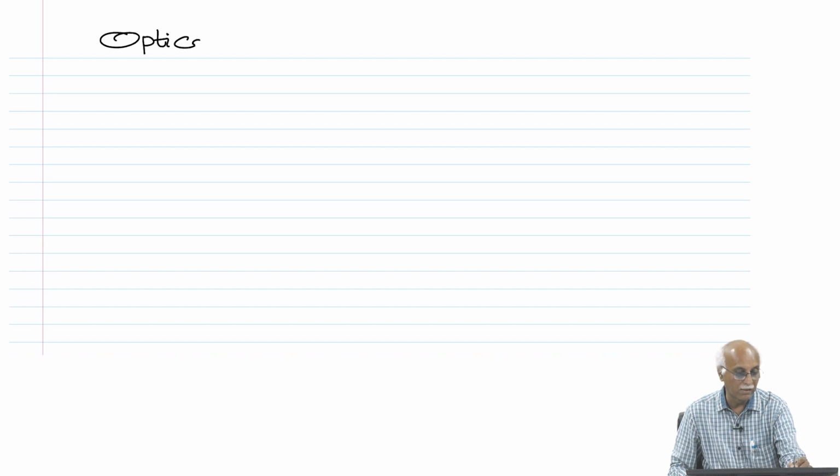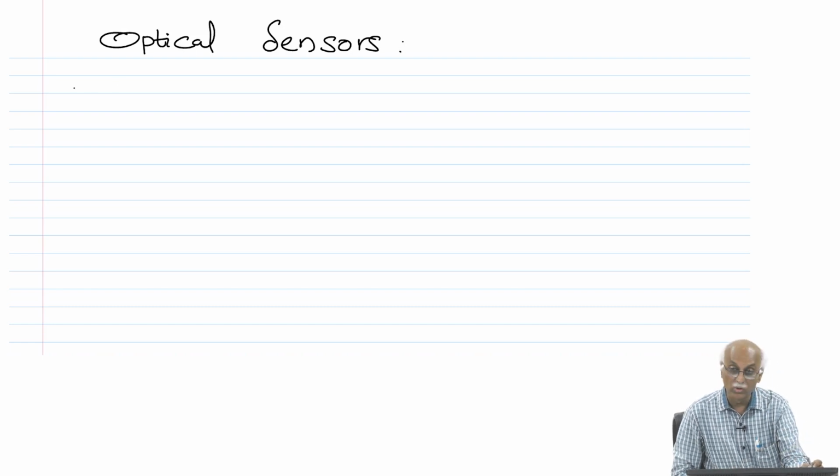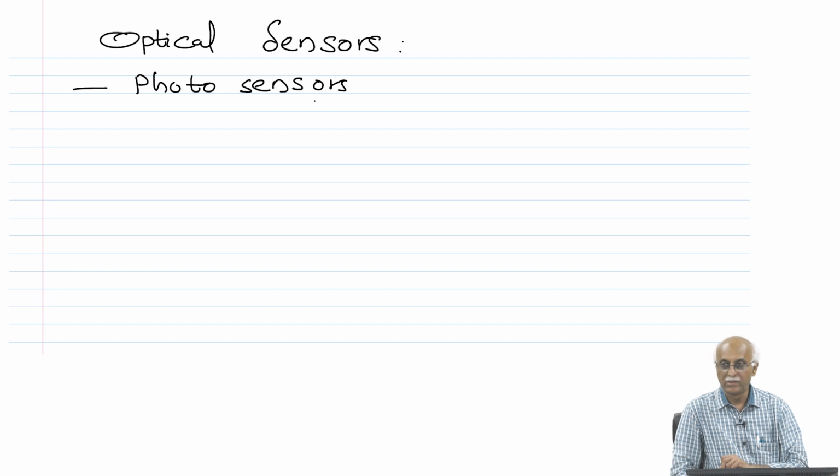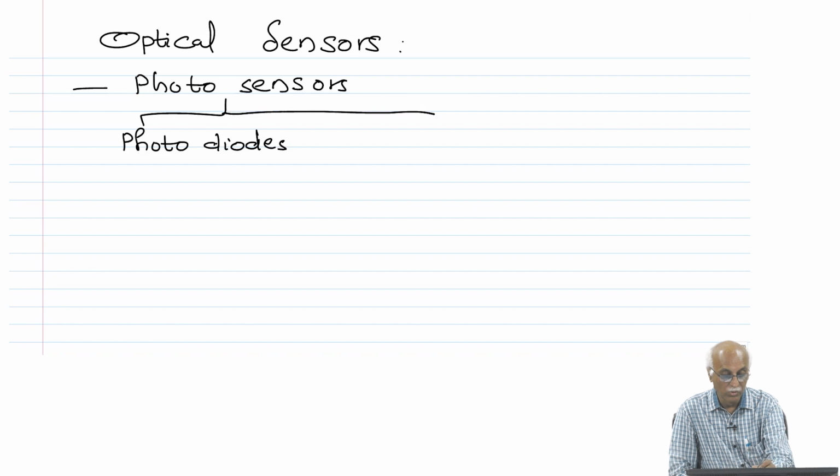Optical sensors, which are also known as photo sensors, and mainly, of course, there are various other approaches, but mainly photodiodes are used. Of course, we can use photoconductors also.